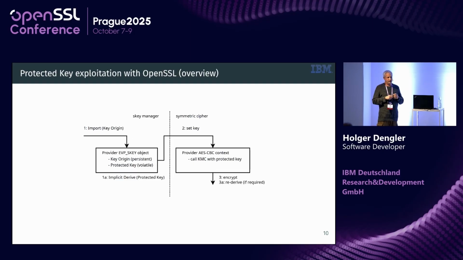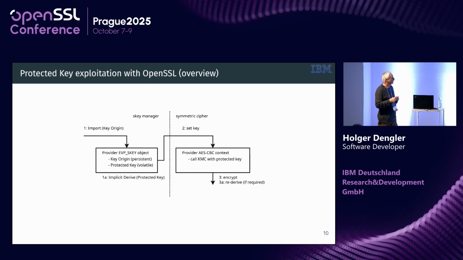Reinhard already mentioned the concept of the key origin and the protected key. The protected key is volatile and can change between machines, because it is a wrapped key, and the wrapping key may be different between machines.